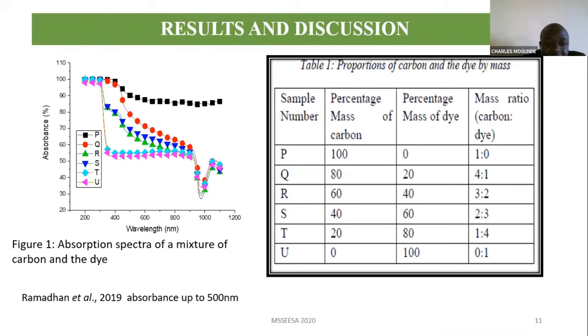This was selected because of higher dye content. And if you selected carbon, the highest absorbance, it means you'll not have any kind of electrons produced.